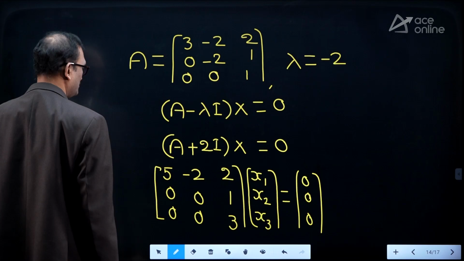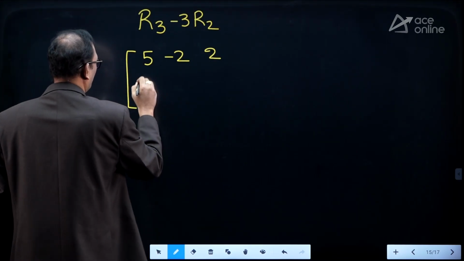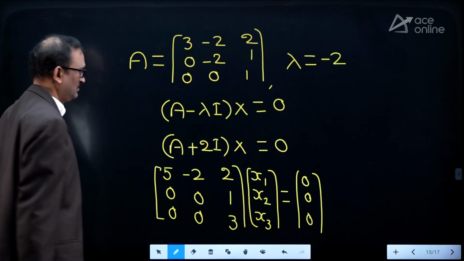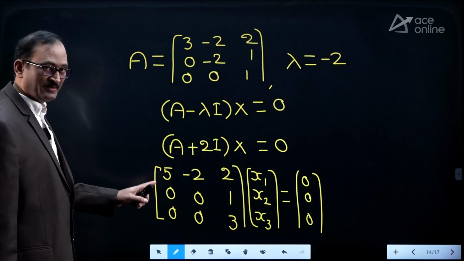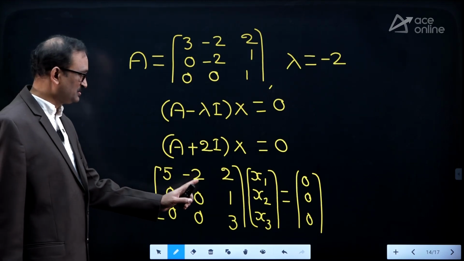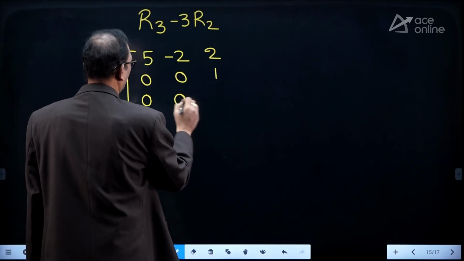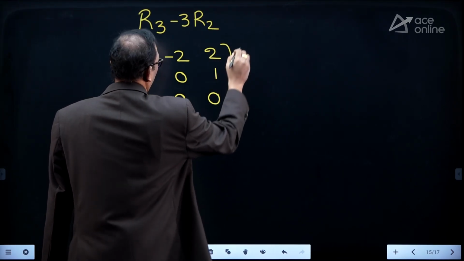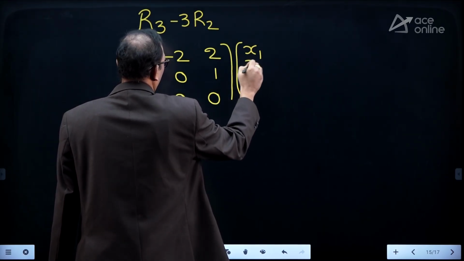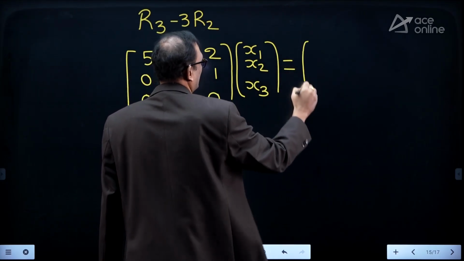This is 5, minus 2, 2, 0, 0, 1. Third row minus 3 into second row: 0 minus 3 into 0, 0 minus 3 into 0, 3 minus 3 into 1, and 3 minus 3 is 0. This is the eigenvector x1, x2, x3. So we have to find x1, x2, x3 values.